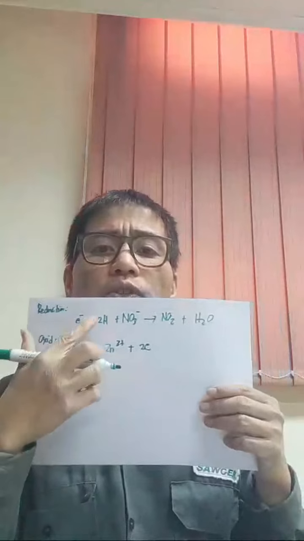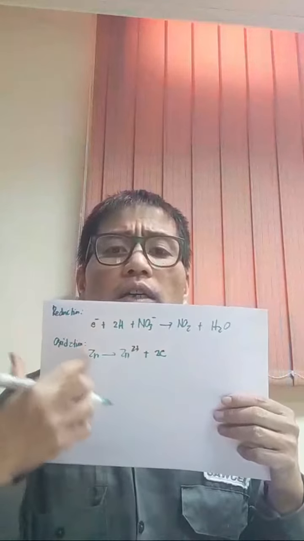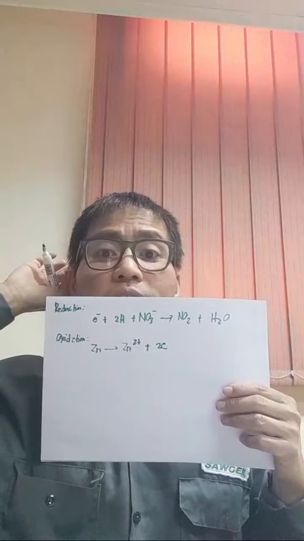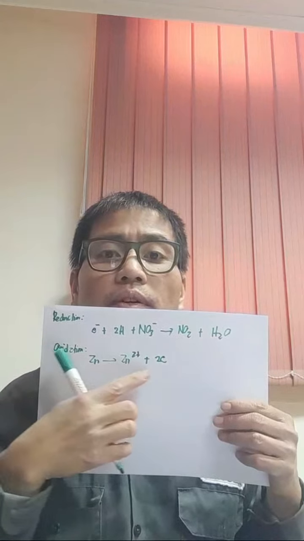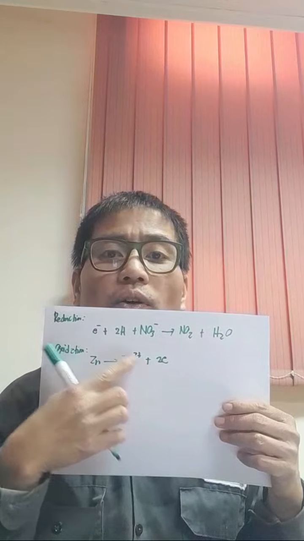Okay, oxidation is Zn going to Zn2+ plus 2 electrons. Now we need to add these all so that we can cancel out the same quantity. As you can see, there are 2 electrons here, only 1 electron here.